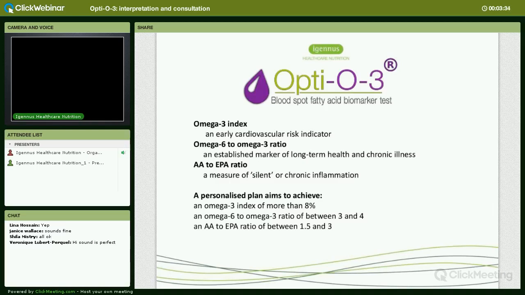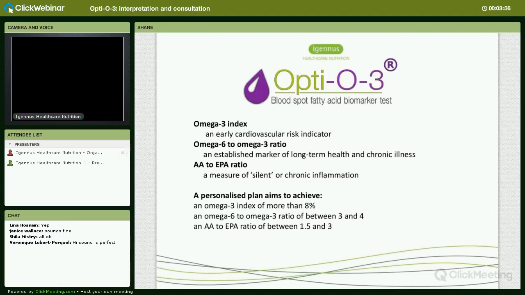Whilst the omega-6 to omega-3 ratio does give us some information, we are now at a stage in the science where we understand that actually it's the specific long-chain omega-6 fatty acid AA, arachidonic acid, and the long-chain omega-3 fatty acid EPA, eicosapentaenoic acid.